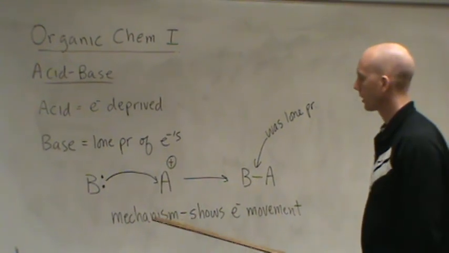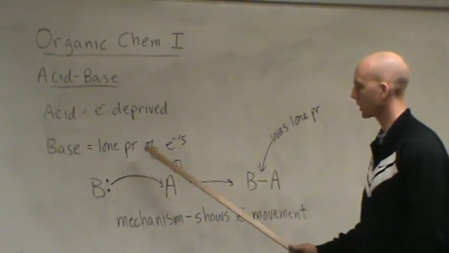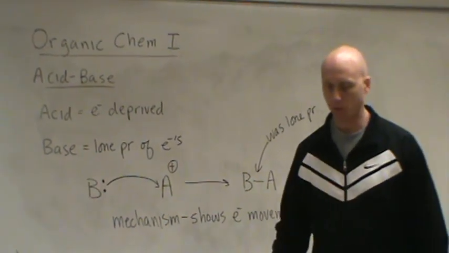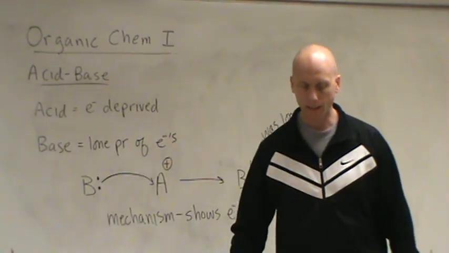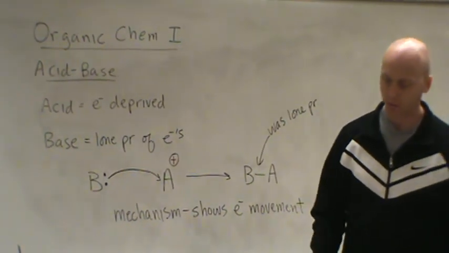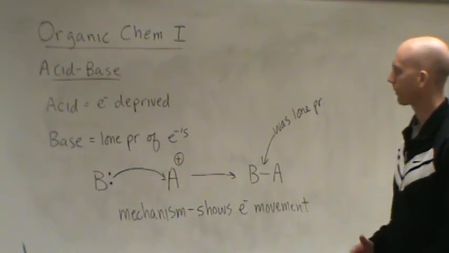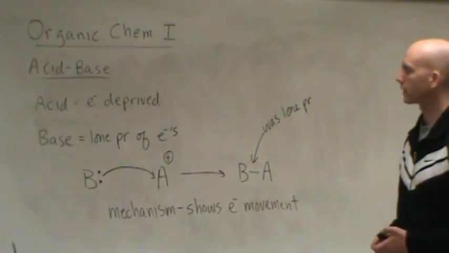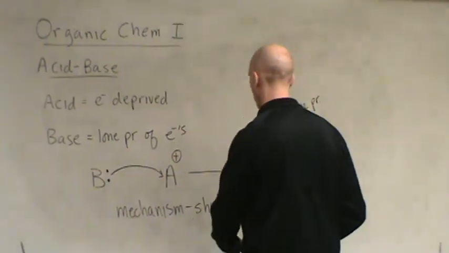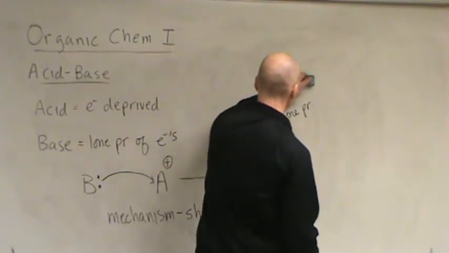Okay? So make sure you understand the mechanism of how acids and bases react with each other. Okay? All right, well, let's look at some real molecules acting as acid and base.